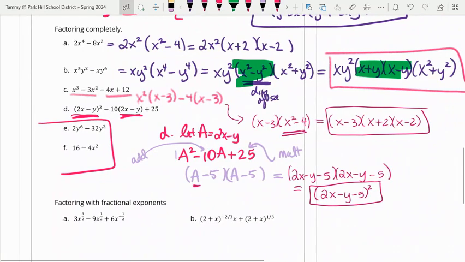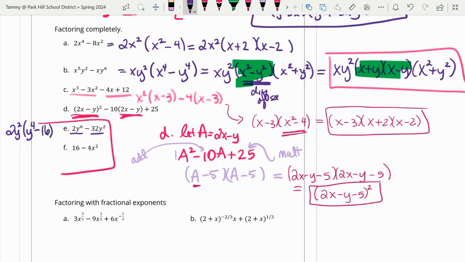All right, letter E. On letter E, we could factor out a 2y squared from both. They both divide by 2y squared. So I'm left with y to the 4th minus 16. So we finish this, so that's a 2y squared. Difference of squares.